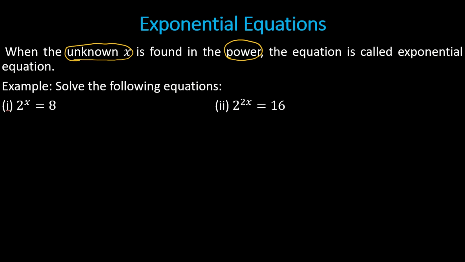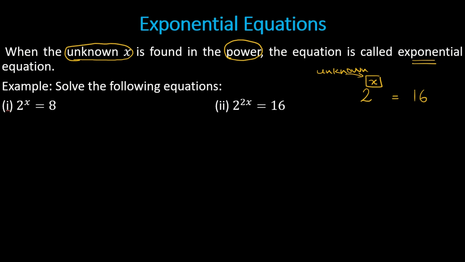Whenever you have your unknown which is found in the power, the equation becomes an exponential equation. For example, you can have 2 to the power of x equal to 16. You see the unknown is x. And where is it found? It is found in the power.